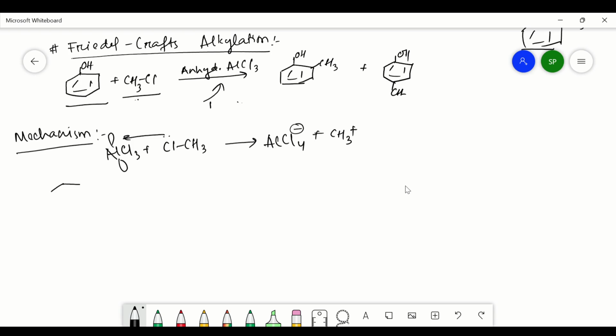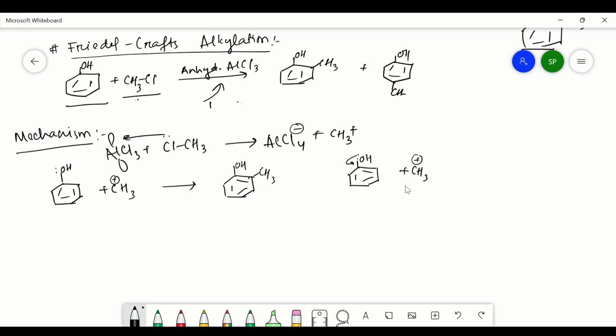If there is ortho attack, there is formation of ortho-methyl phenol, and if there is para attack, the one pair of electrons transfers here, this transfers here, and this attacks here.